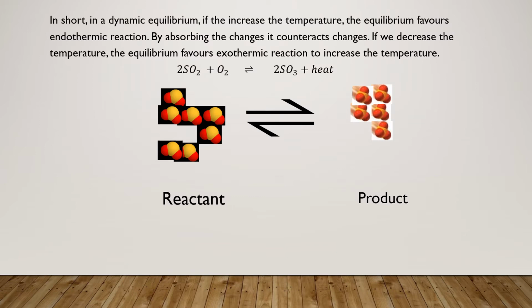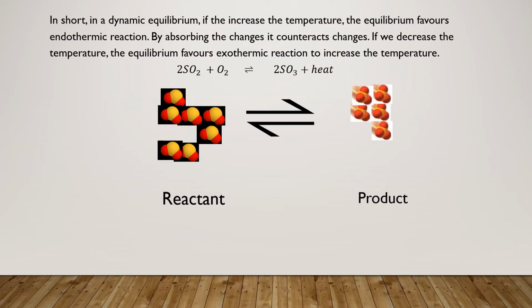So by observing the changes, it counteracts that change. In a similar way, if we decrease the temperature, the equilibrium favors the exothermic reaction, to increase the temperature.